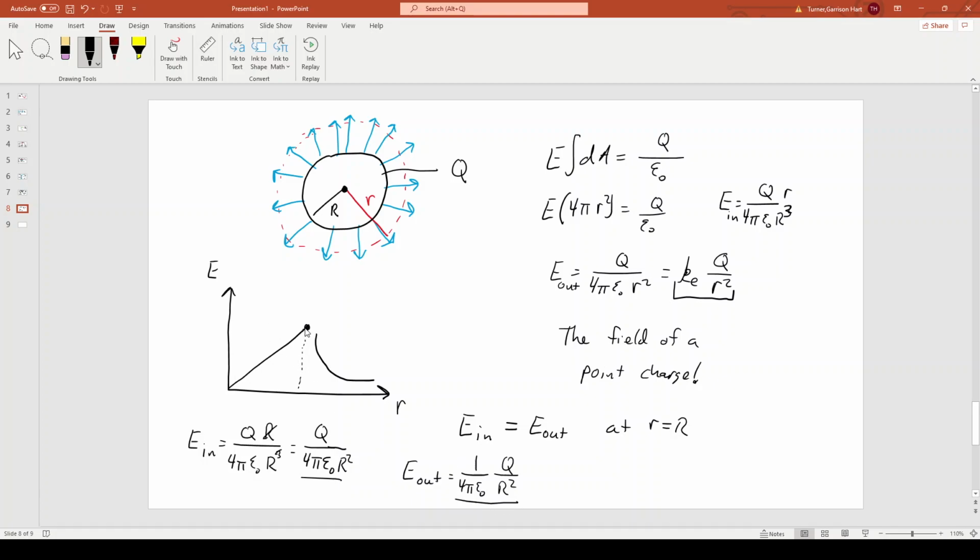So it's at the surface here. It's at the point R that my inverse square law behavior then comes in and takes over. Okay? So it's at that specific point that it comes in and takes over.